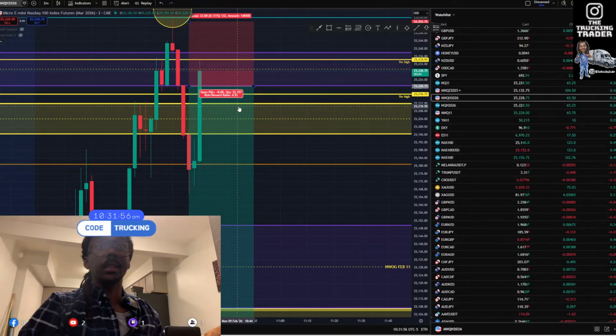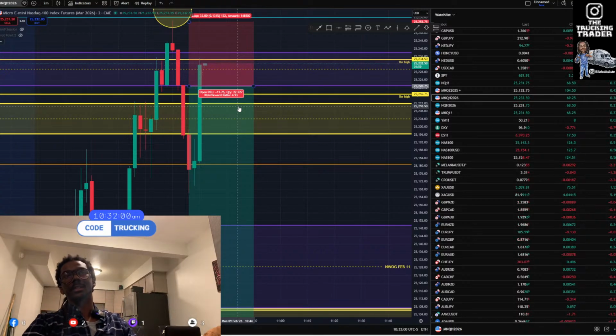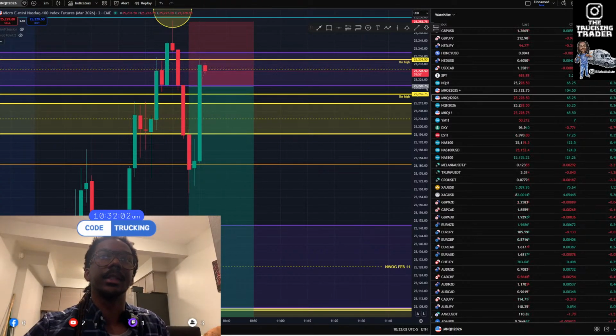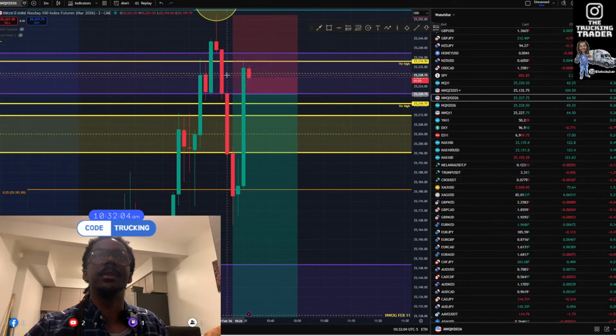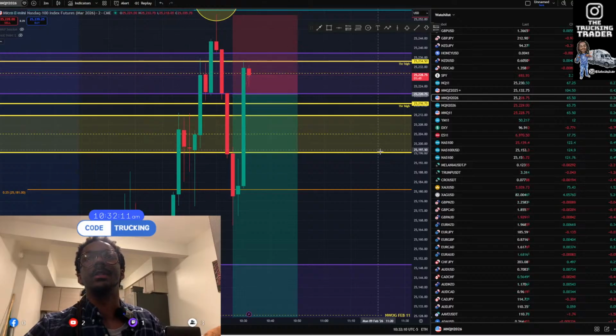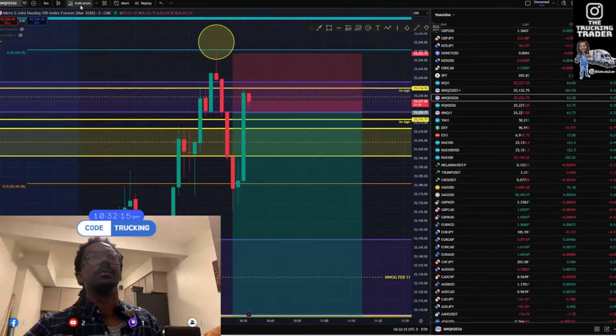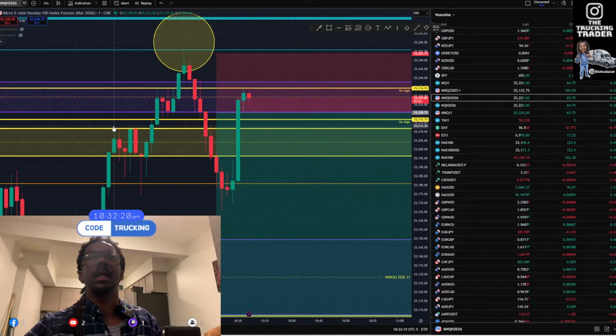I almost got excited and got in it right there, but I just don't like being counter trend, honestly. So right there, that body closed above the midpoint of this gap. I'm not in love with that right there for the sells. I am not in love with that at all.